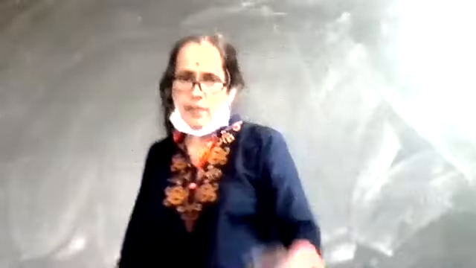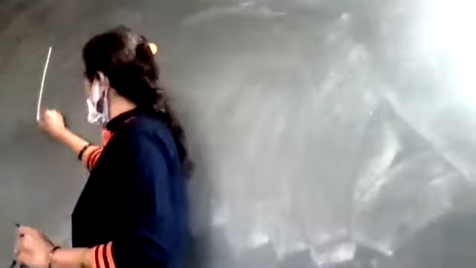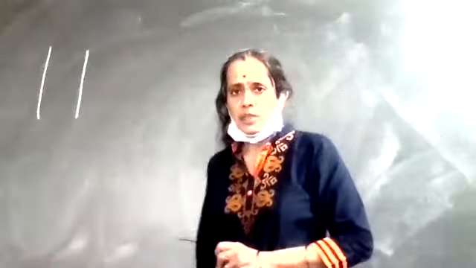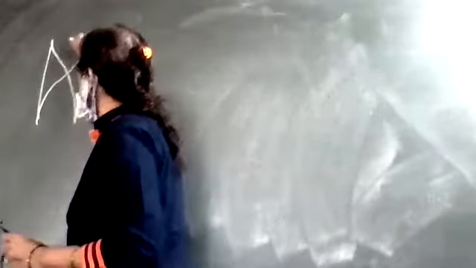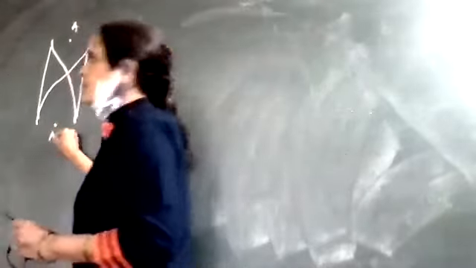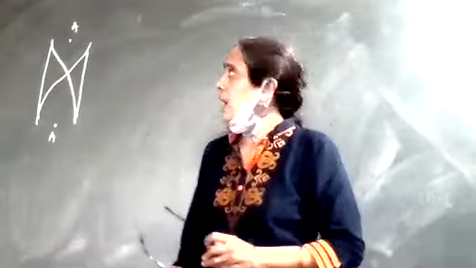Now a standing wave is produced in a pipe that is open at both the ends. So this is the situation. The pipe is open at both ends and a standing wave is produced, which means at both the open ends there will be formation of an antinode. So here an antinode is formed and here also an antinode is formed. Right?